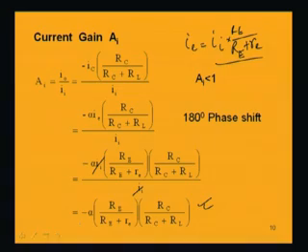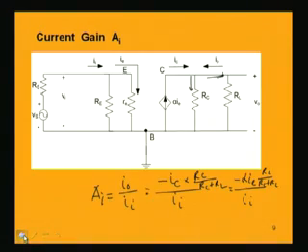Output voltage and input voltage are in the same phase, but the currents I naught and I have a phase reversal of 180 degrees, which is denoted by this minus sign. So, here is the current I in this direction, and the current I in this direction. If we compare them, I naught by I has a negative sign because of this phase reversal.